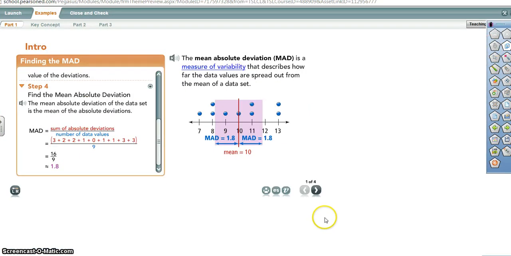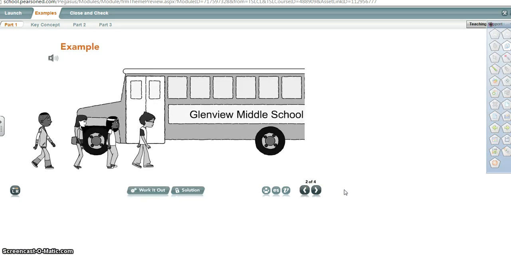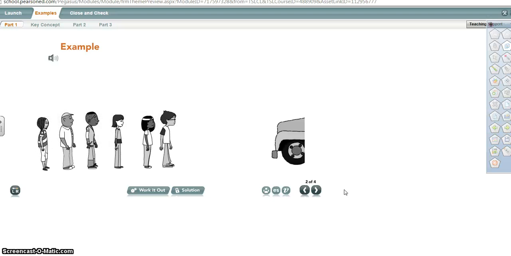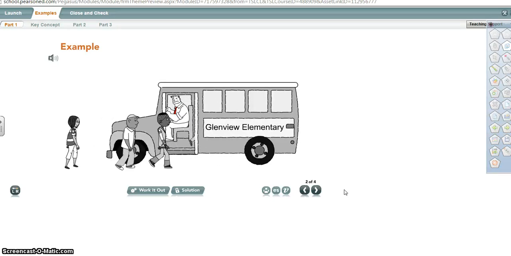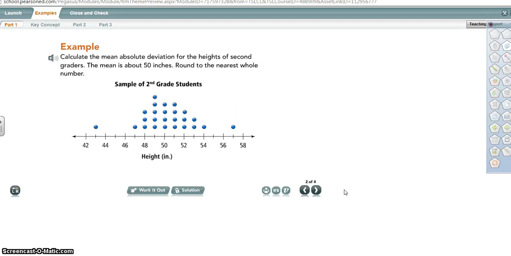All right, let's try some examples. Okay, so we're supposed to calculate the mean absolute deviation for the heights of second graders.